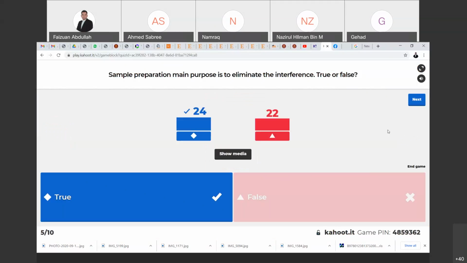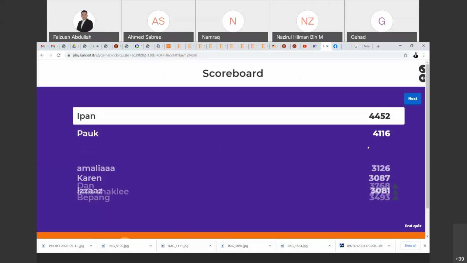The answer is true. Okay, the purpose of sample preparation, interference. All right. Who's on top? Still Ipan, followed by Pao, Dan, Anish Shakli, and Bepang. Okay, Bepang is now rising to the top level. All right.